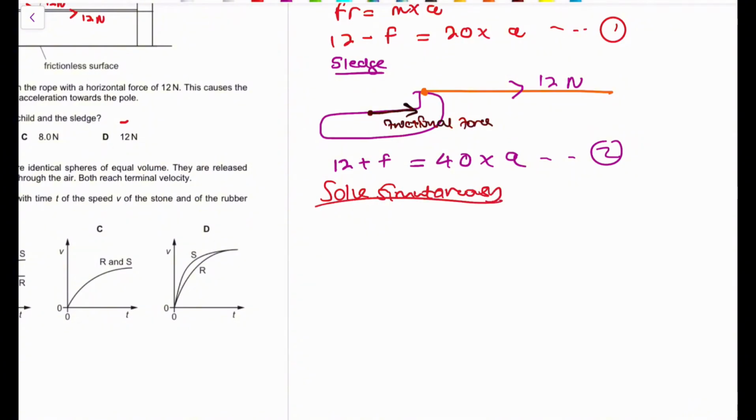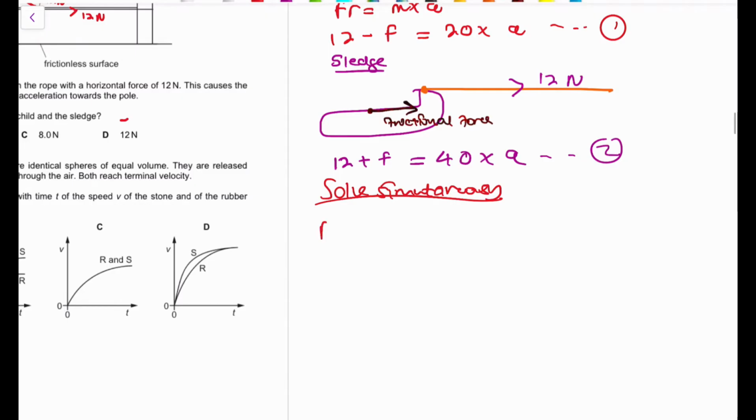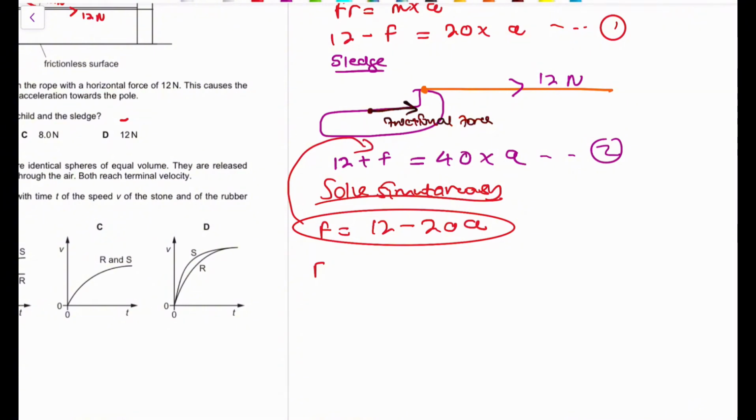So how do we do this? We know from that equation that F is equivalent to 12 minus 20A. So we substitute this value of F into the other equation.